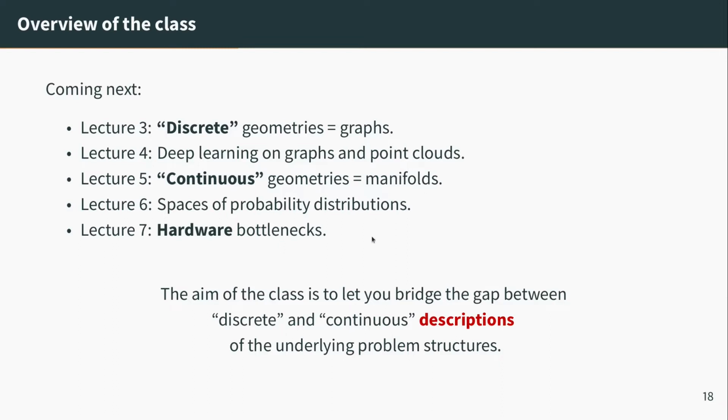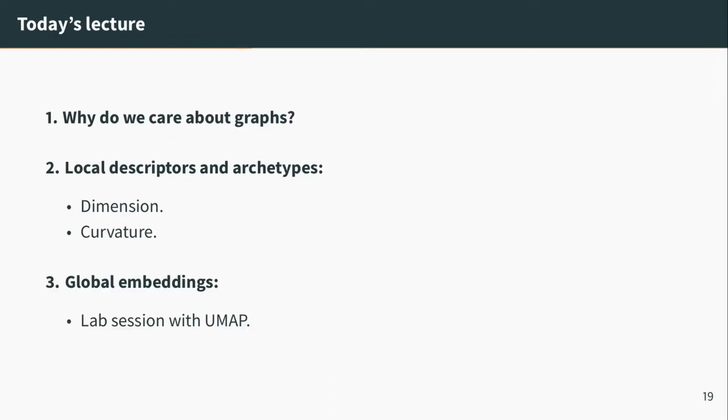And so at least for the next 4 lectures, the aim of the class is to let you bridge a gap between those discrete and continuous descriptions of the underlying problem structures. In today's lecture, first, we're going to take maybe 30 minutes to say why we care about graphs.